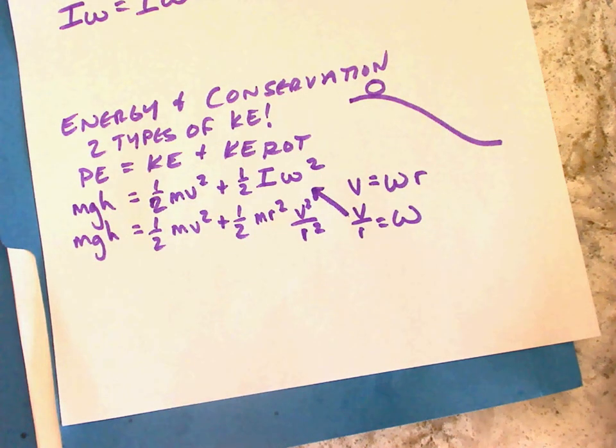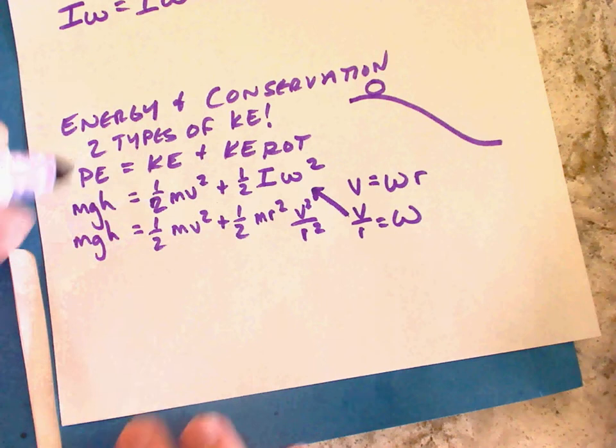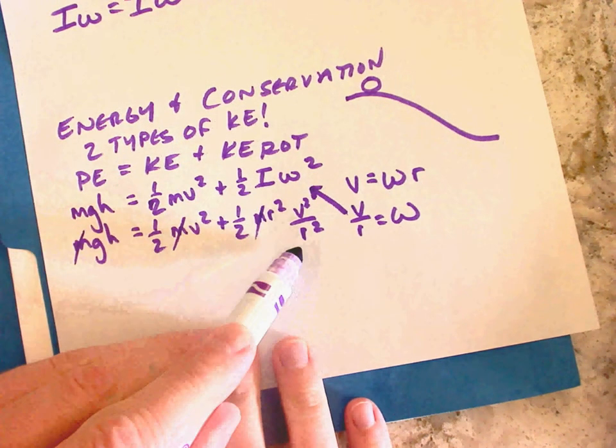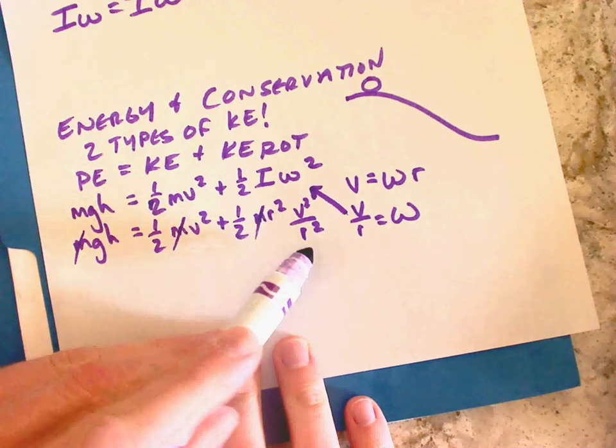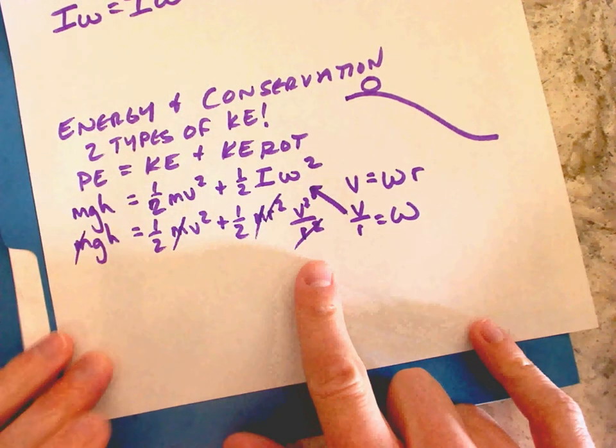But if you get to this point, then you can actually start to cancel stuff out because now you've got mass in each of these terms. So your masses will cancel, slash those guys out. You see that you got r squared, those cancel. And so now you can kind of reduce this down and you can combine like terms.